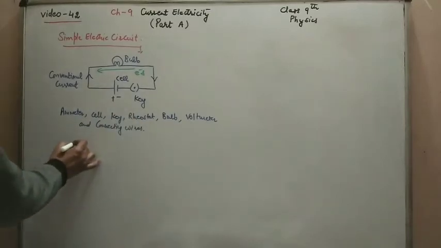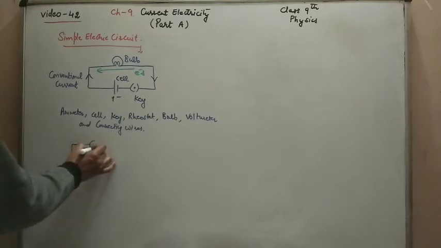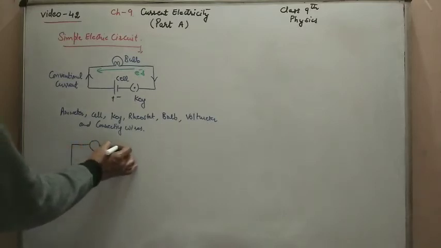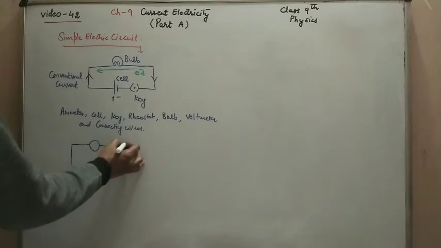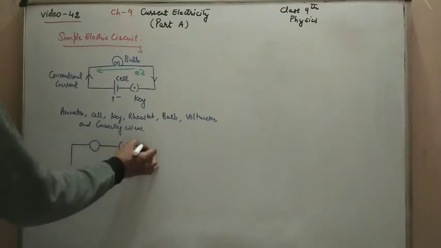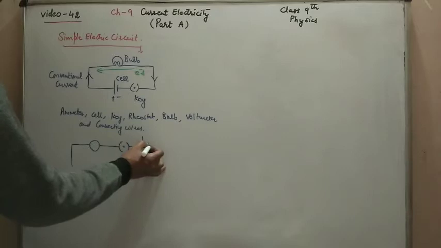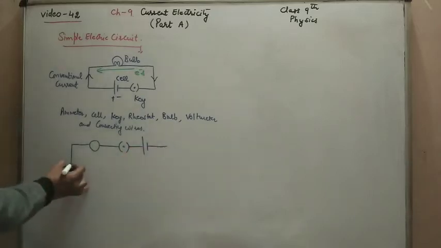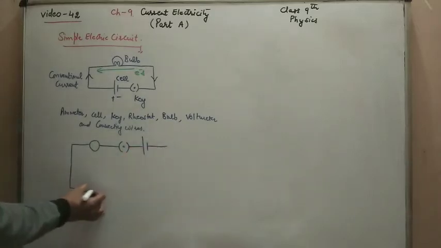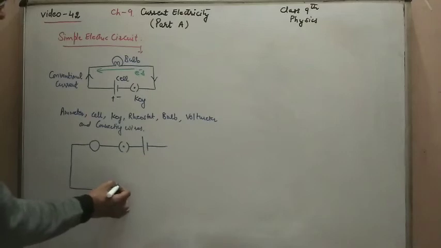So how to do this? First of all, you can mention one ammeter over here, then one plug key, then one cell, and to this side one bulb you can mention.